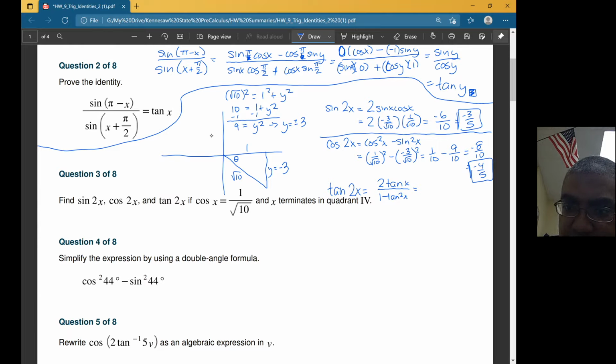So 2 times negative 3 over 1 minus negative 3 squared. Because the negative 3 is squared, the minus stays intact. That becomes negative 6 over 1 minus 9, which is negative 6 over negative 8, which is positive 3 over 4.